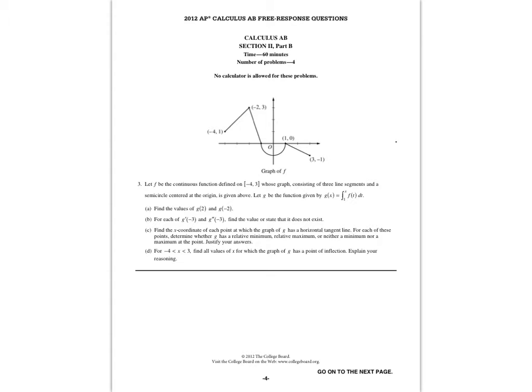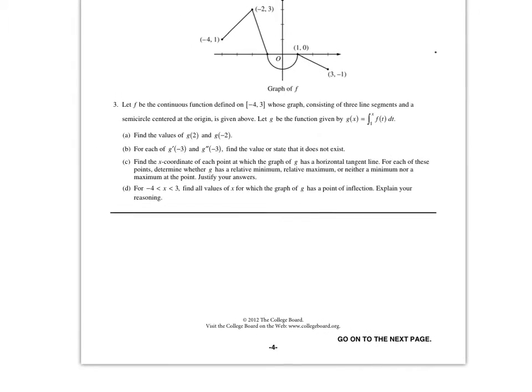So g is the antiderivative of our function f. That means that f is our derivative of our function g. So you just might want to keep that all in mind. And again, when you're taking your exam, write that down so you have that for quick referencing, okay?